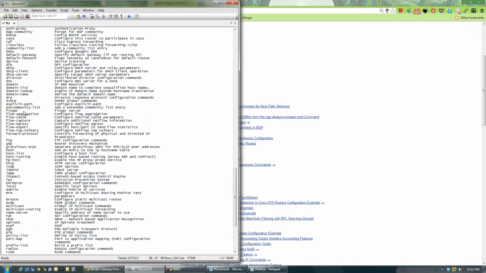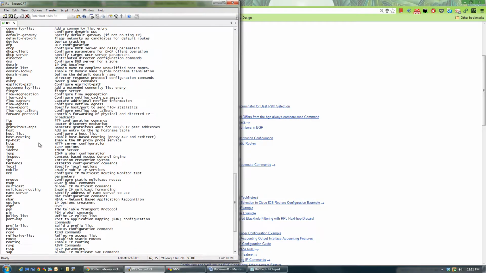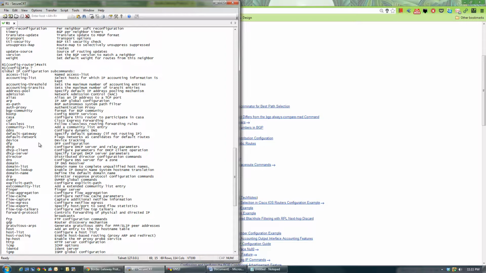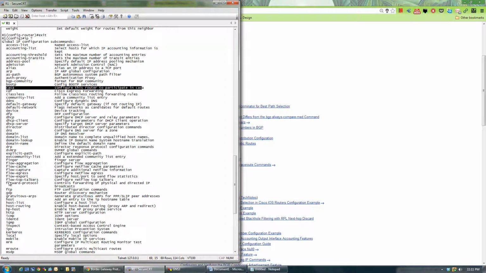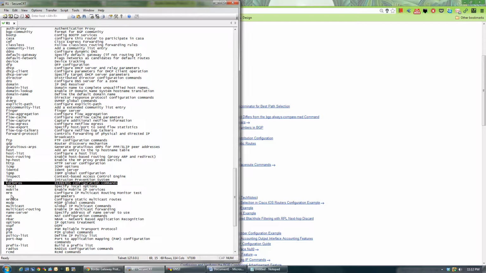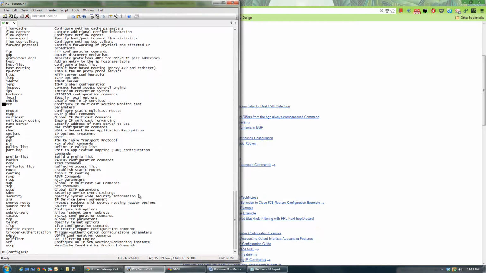Obviously some of the commands will be for AppleTalk and all those things, so you can safely ignore them, right? For example, this one, you can ignore this, and you can ignore discovery mechanism, Kerberos, and this command, MRM. So you can ignore a few commands, but you need to be able to know all of them, right?